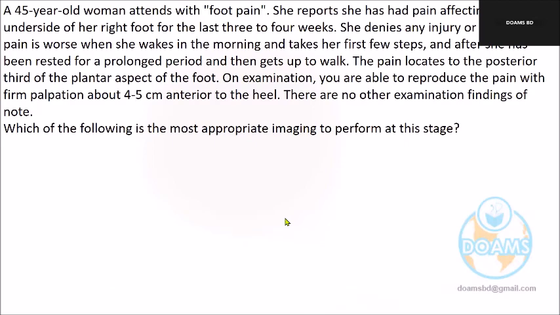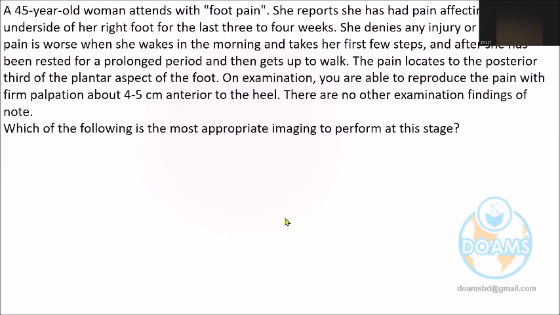Now the second case, who will feel better to read it? May I request Dr. Atif again? A 45-year-old woman attends with foot pain. She reports she has had pain affecting the underside of her right foot for the last 3 to 4 weeks. She denies any injury or trauma.